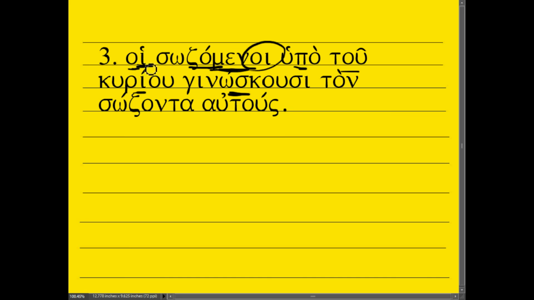So here we have the substantive use, functioning as the subject of the sentence. Those who are being saved by the Lord know, ginoskousi, ton sodzonta, the saving them one. So the one who saves them. Those who are being saved by the Lord know the one who saves them.